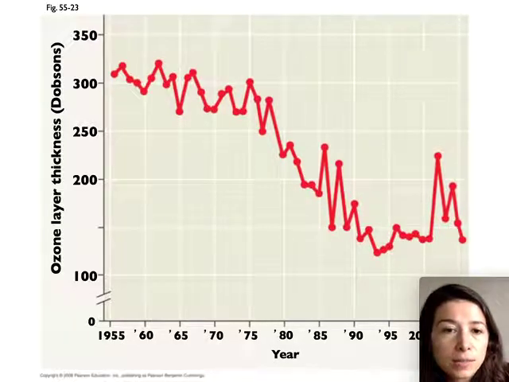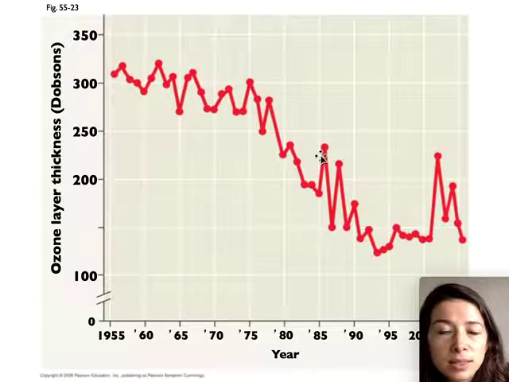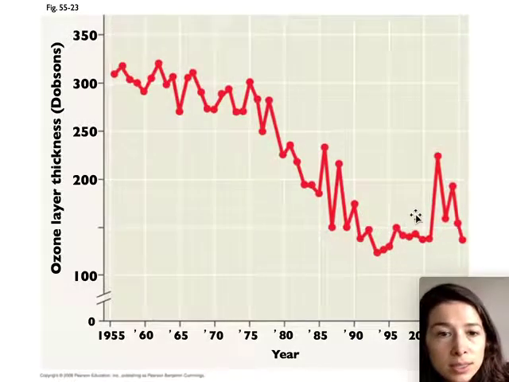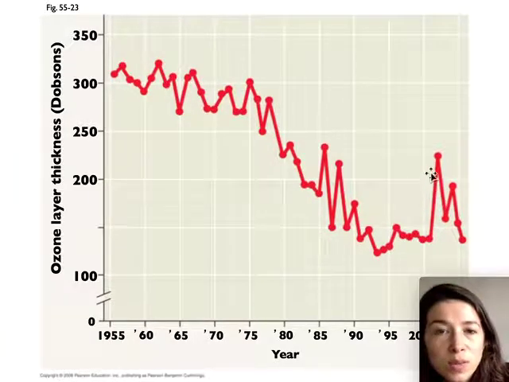So when we see the thickness that it was back in the 60s, it was about 300, and by the 90s it went down to about 150. But more recently it's starting to recover a little bit. Now maybe it's around 175 or 200.